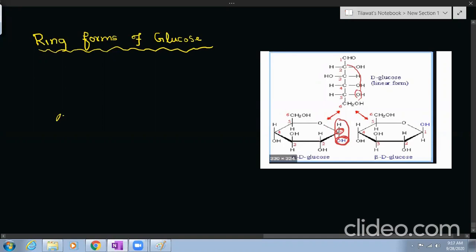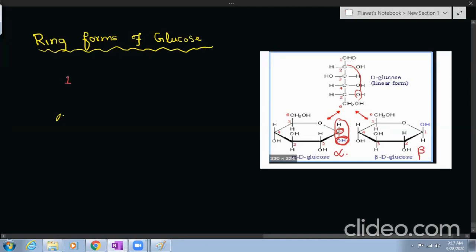It is on the basis of the hydroxyl group on carbon number 1 of the ring form of glucose. If this hydroxyl group is downward, we call that alpha glucose. If this hydroxyl group is above carbon number 1, we call that beta glucose. Am I clear?